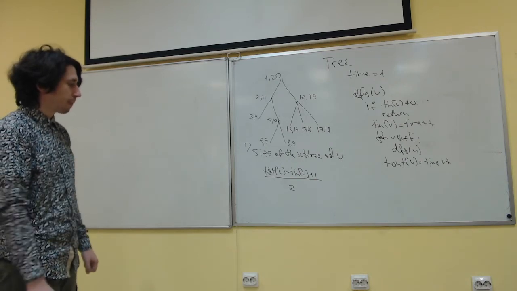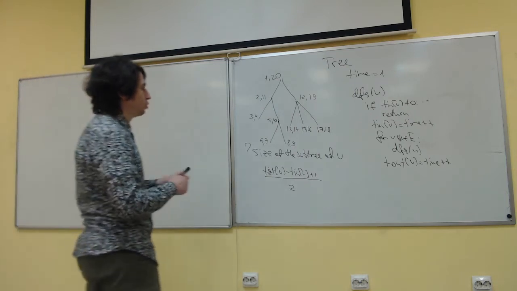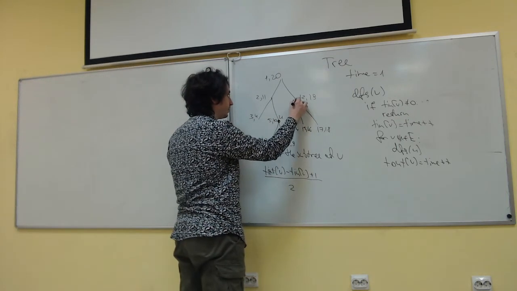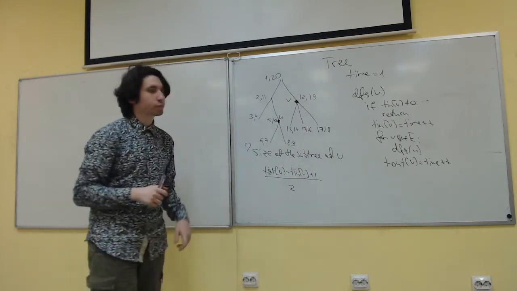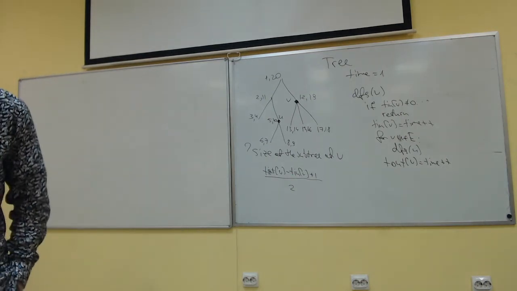Okay, good. Suppose we are given 2 vertices, u and v. How can we check that one is the parent of another?